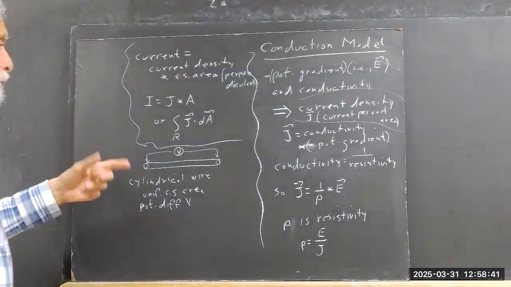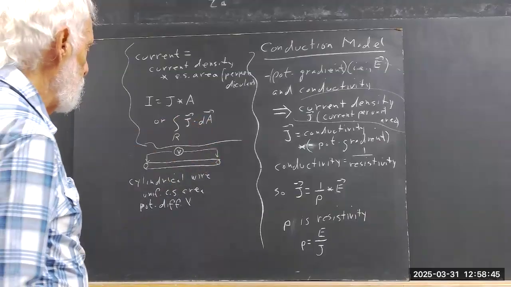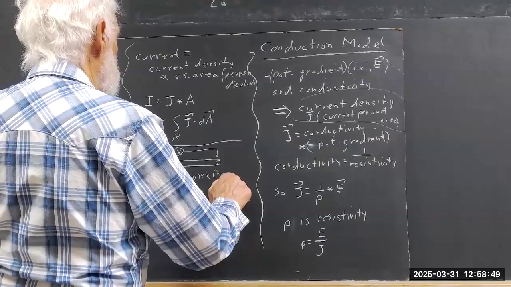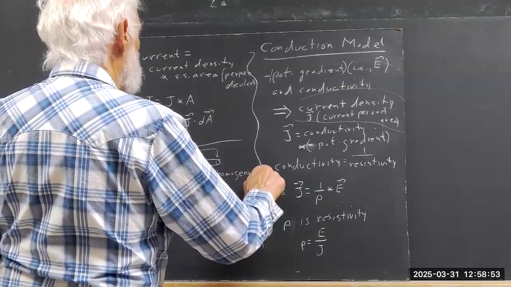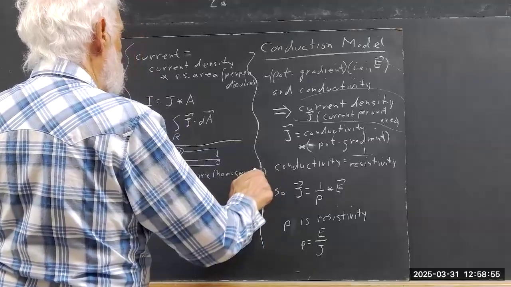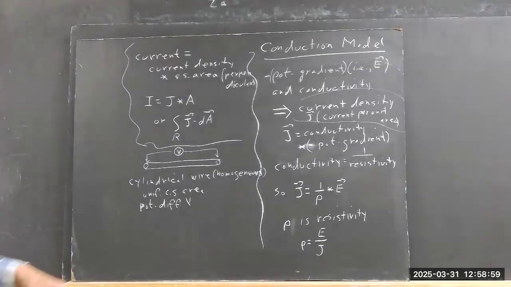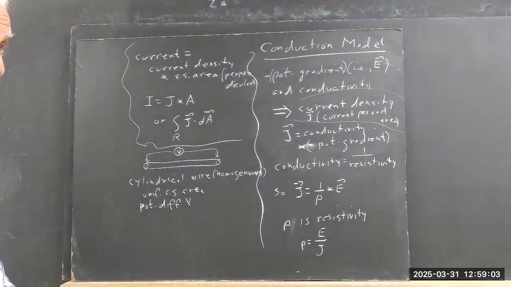We stated specifically, if you have a cylindrical wire, it's homogeneous. Homogeneous just means same material, same conductivity throughout, same resistivity; conductivity and resistivity are just reciprocal things.